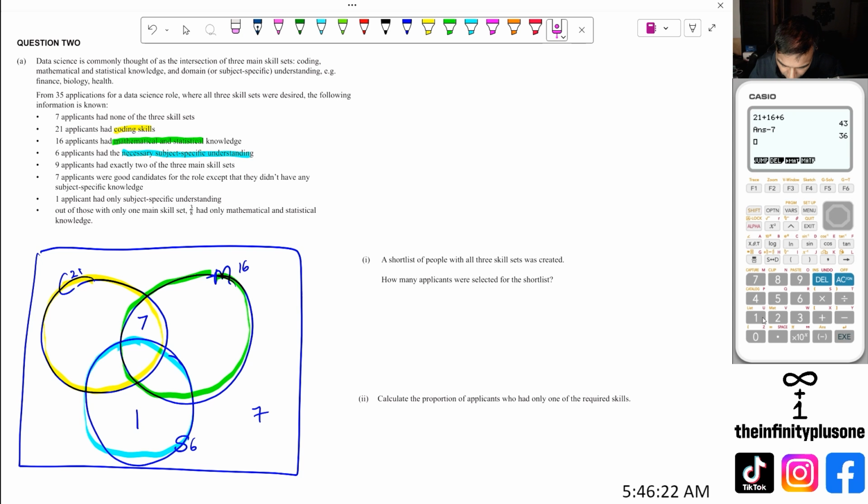Now, we also know that these 3 parts here add up to 9, because it says 9 applicants have 2 of the 3 main skills. So this, and this adds up to 9. So what we're then going to do is 36 minus 9. And when we get that, we actually get 27.